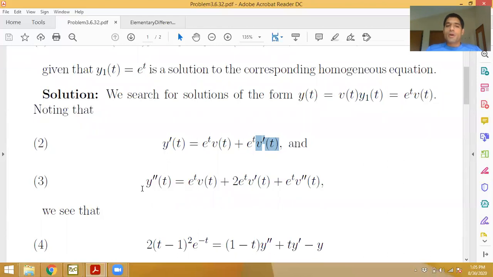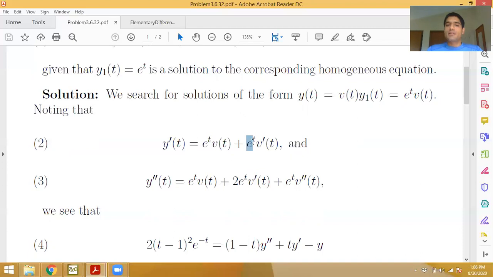Then for y'', I do the same thing. I now have to use the product rule twice. Conveniently, this first term, e^t times v(t), is exactly the same as what we saw before. So when I take the derivative of that, I'm just going to generate another copy of this. I'm going to get another e^t times v(t) plus e^t times v'(t).